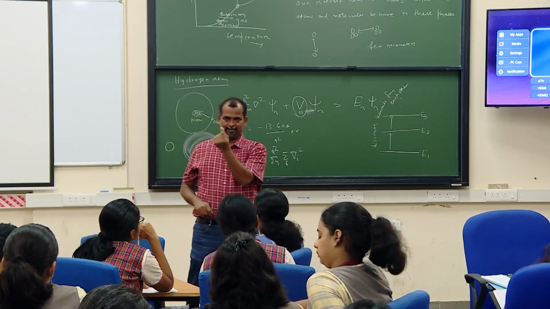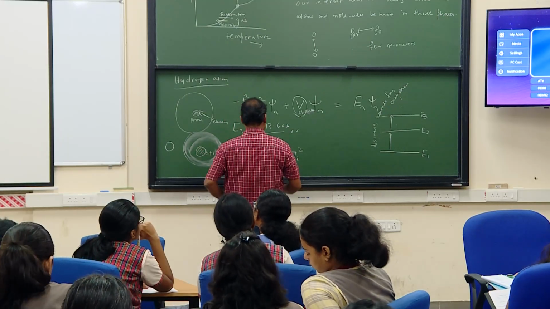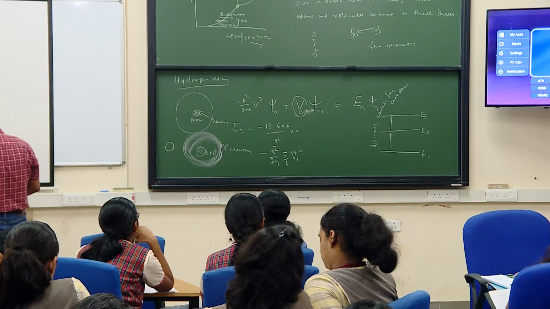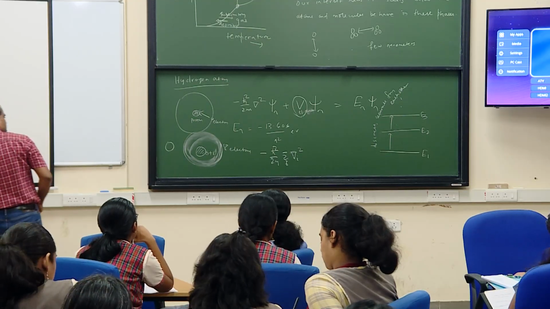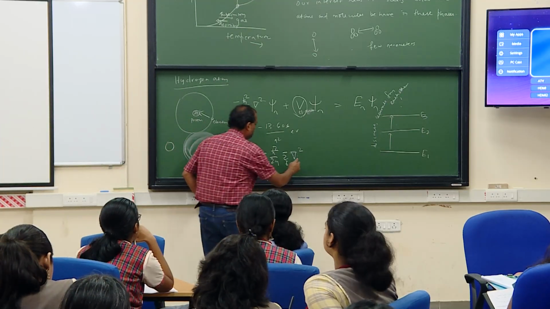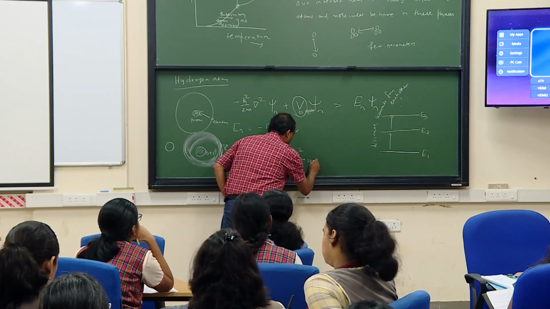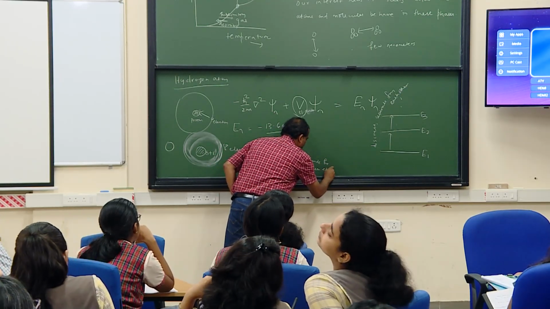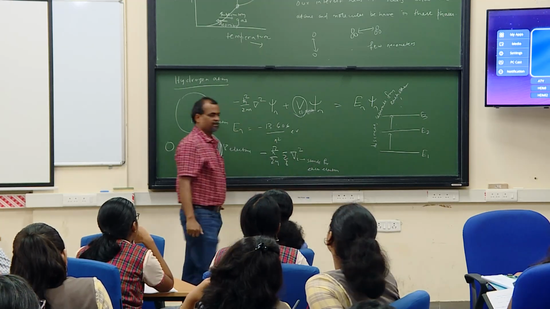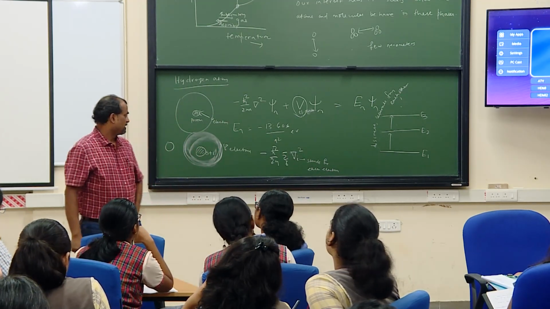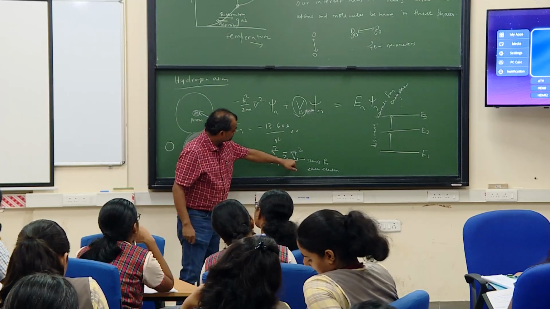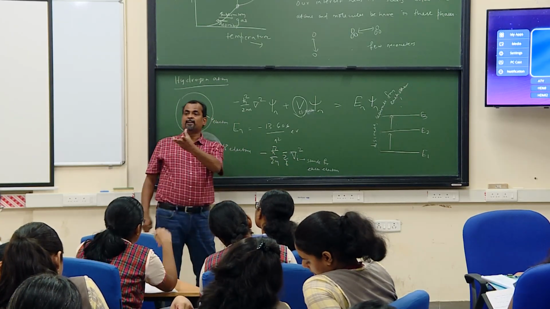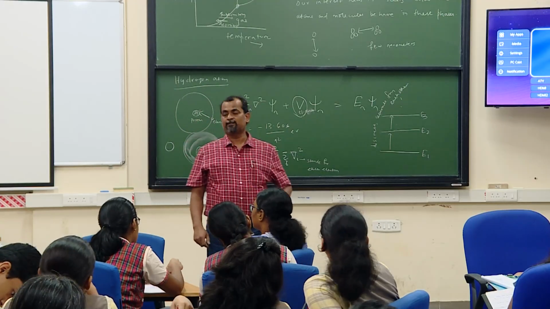There are 8 electrons, right? Now there are 8 kinetic energy operators in principle because there are 8 electrons.